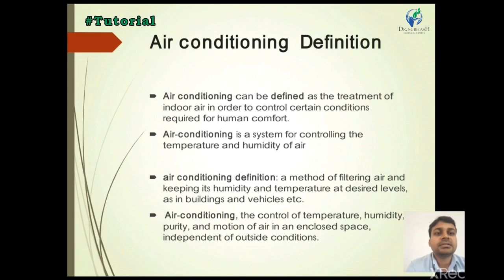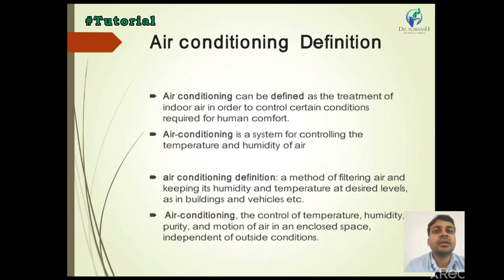An air conditioning system is a method of filtering air, keeping its humidity and temperature at a desired level, as in a building, vehicle, etc. Air conditioning is the control of temperature, humidity, purity and motion of air in an enclosed space independent of outside conditions.